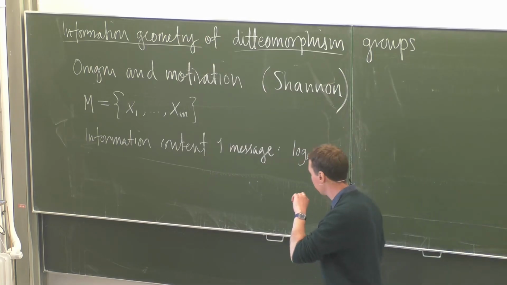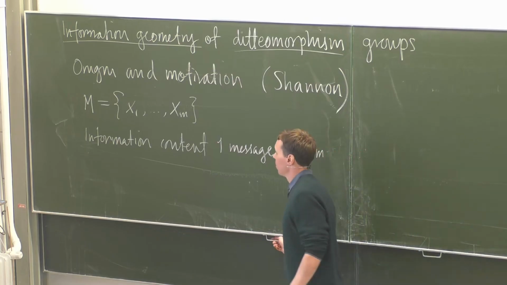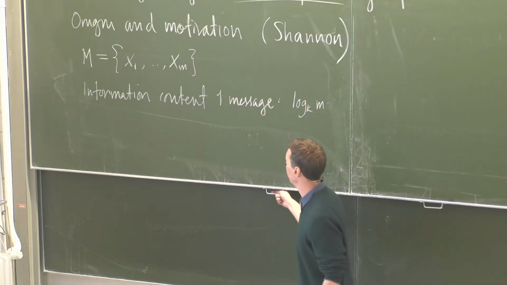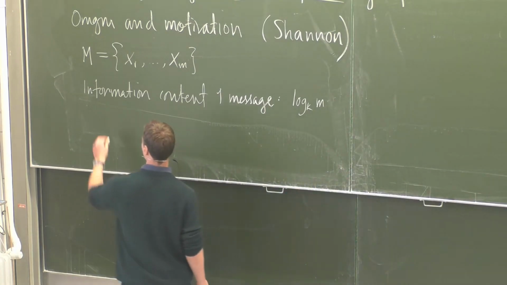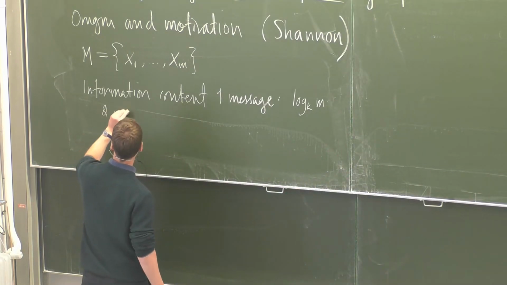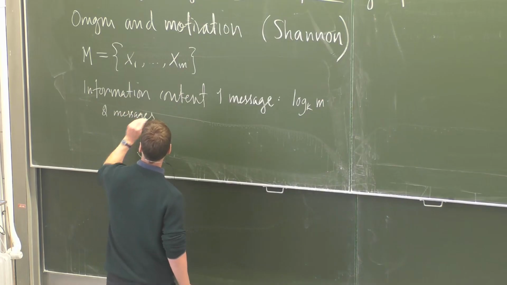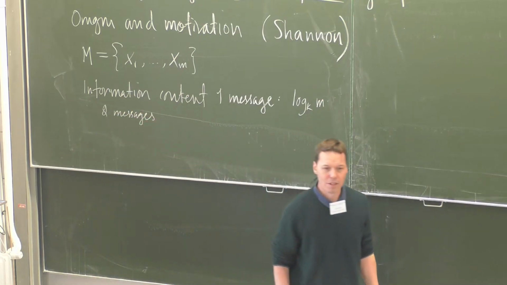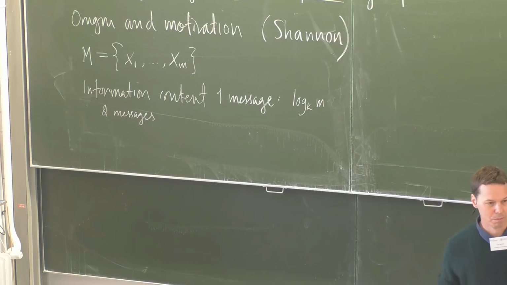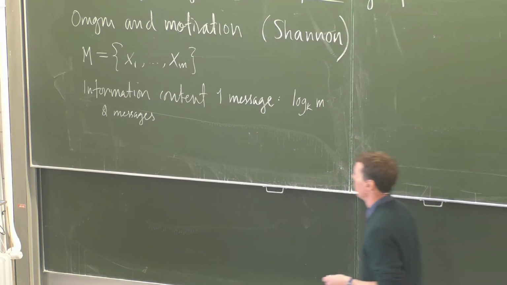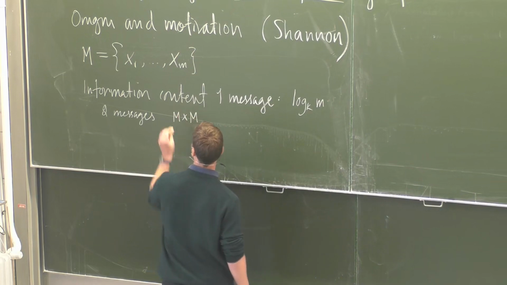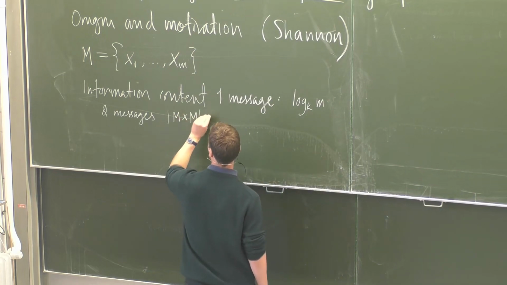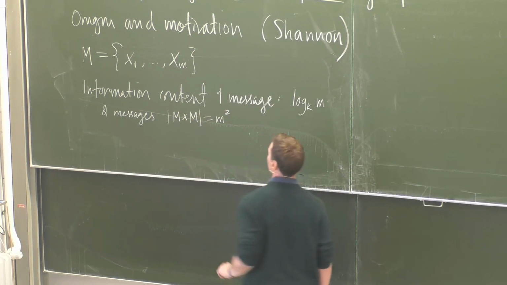And how can you motivate this? Well, the simplest way is the following. Assume that you are given two messages instead. So then what is the set of possible two messages you can receive? Well, it's just a combinatorial thing, right? So it's m cross m, and the size of that would be m squared.